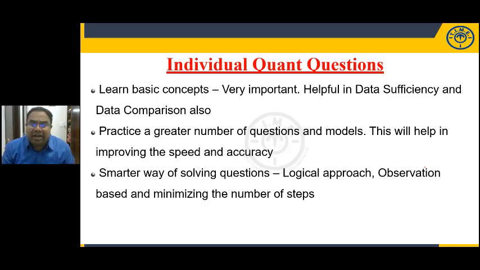Can I look at alternate approaches? Because in arithmetic, there is no fixed rule that you should do it like this. One question can be done in 3-4 different ways. So find the smartest way to solve that question, which involves less time and fewer steps. Focus on that part. Maybe a logical approach, observation-based questions, minimizing the number of steps. These are the things you should focus on.